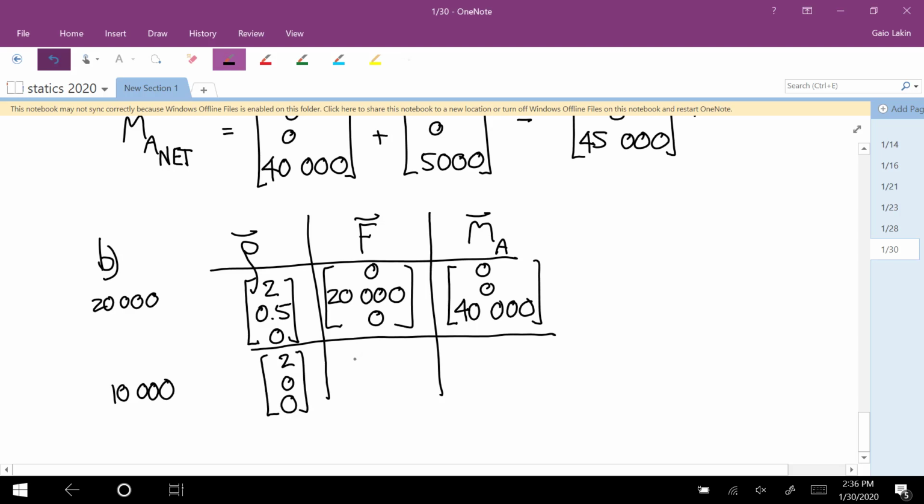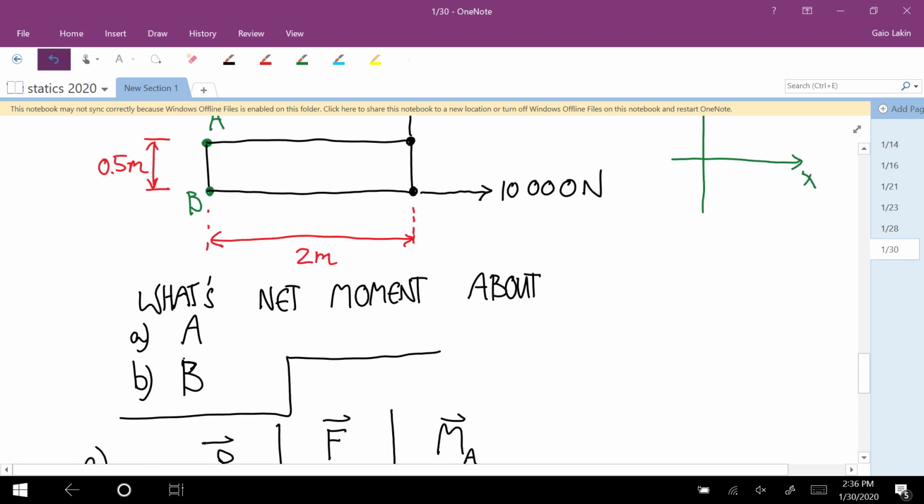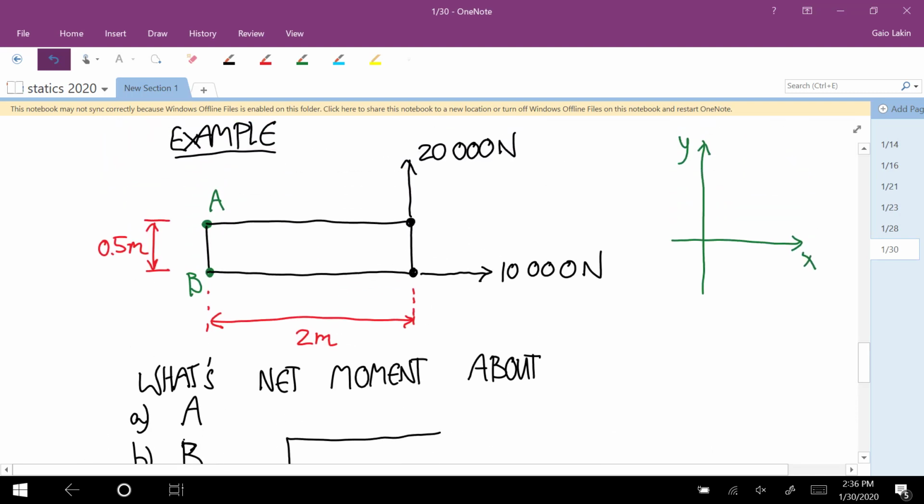And the force vector is 10,000, 0, 0. But now, before we calculate this, just look at this picture. The way you can always think about this is if the about point is like a frictionless hinge, and the only force acting is the one you're looking at that instant, would that force make it rotate or not?